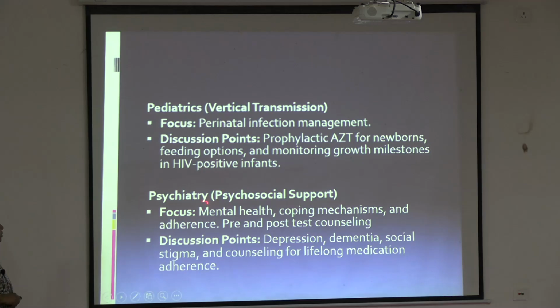Psychiatry has a very important role for these patients. The mental health, coping mechanism and adherence, pre and post test counseling part. Discussion points may be depression, dementia, social stigma, because HIV till today carries a big social stigma, how to deal with it, and counseling for lifelong medication adherence or drug compliance.